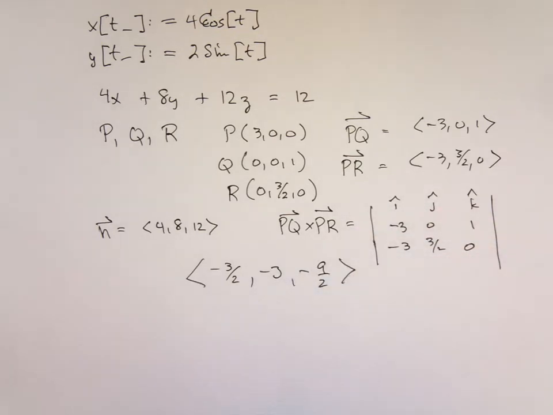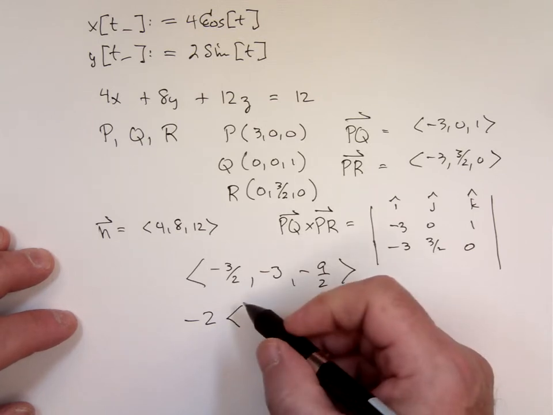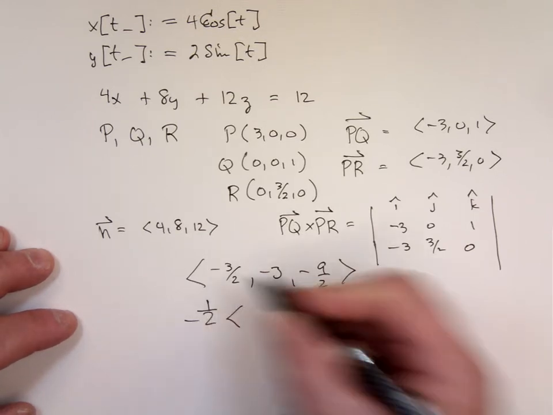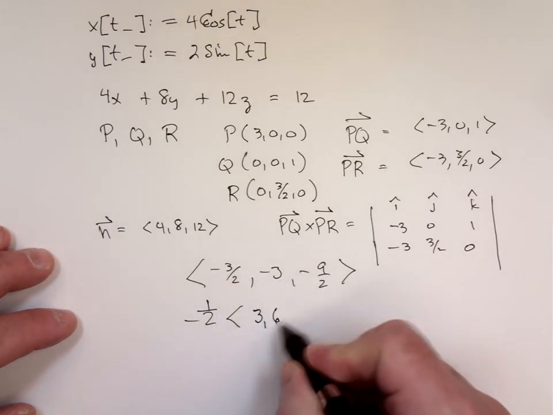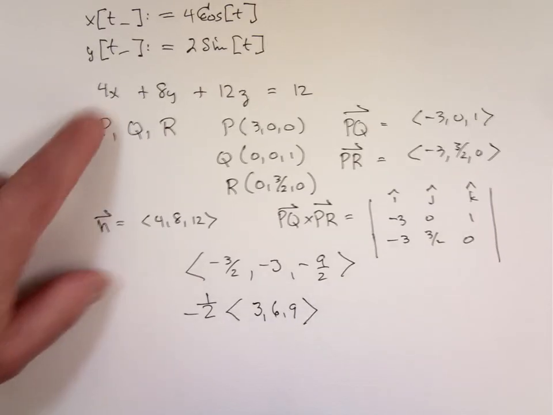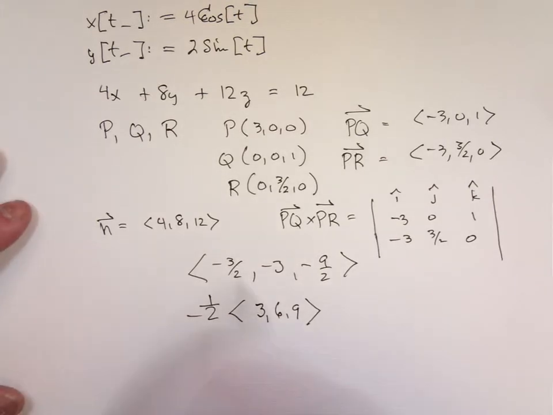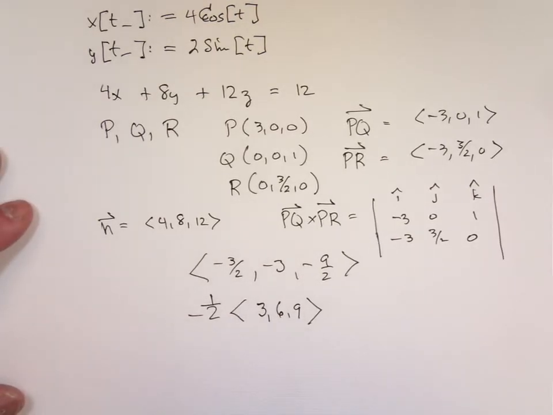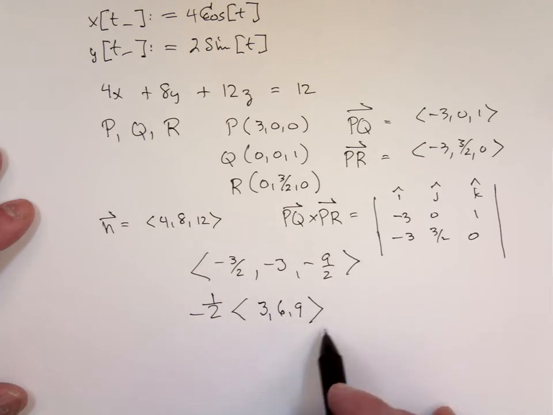Now, watch this. If I take out a negative 1/2, I'm going to get 3, 6, 9. That's not what I really wanted. I want to get 4, 8, 12. Well, if I take a 3 out, now I'm going to get 1, 2, 3, and then multiply by 4 to get 4, 8, 12.